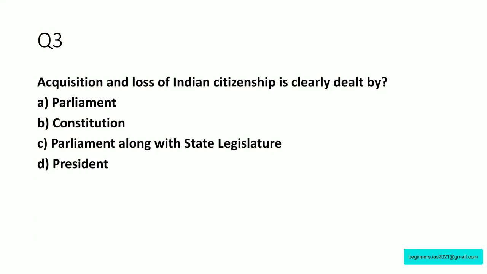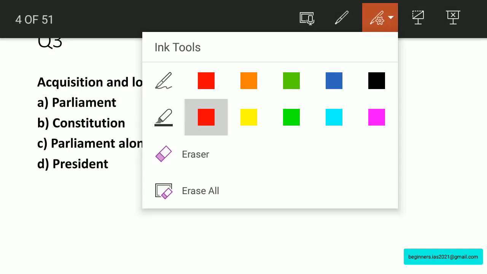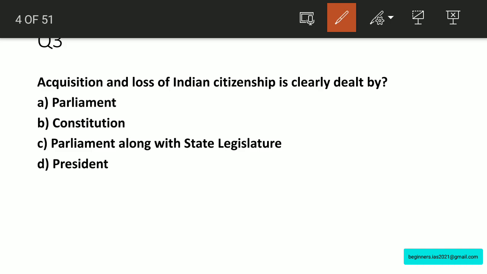Let us move on with question number 3. Acquisition and loss of Indian citizenship is clearly dealt with by: Parliament, constitution, parliament along with state legislature, or president. Acquisition and loss of Indian citizenship is given to the parliament.